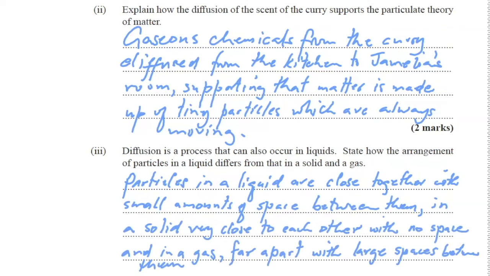The particles in a liquid are close together with small amounts of space between them. The particles can slide over each other. In a solid, they are very close to each other with little or no space. And in a gas, they're far apart with large amounts of space between them.